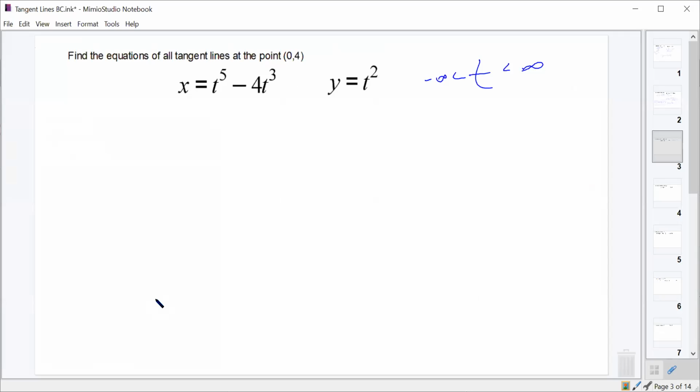Hopefully. So first off, what do we need to do? We need to figure out the derivative, right? Because the derivative will tell us the slope of the tangent line. So what is dy/dx here for this parametric? How do we do that? This will be a good review for your quiz tomorrow.